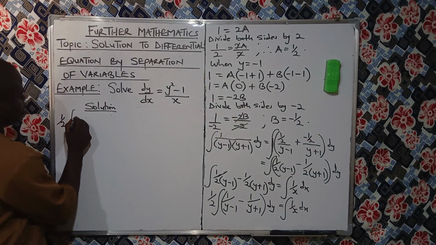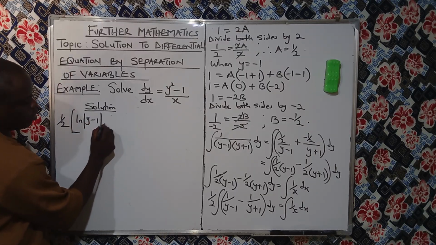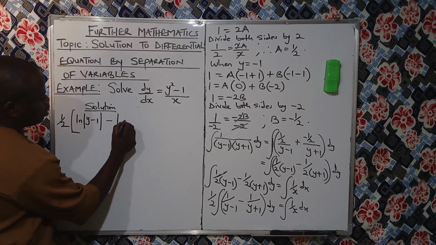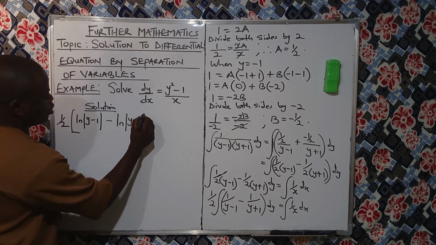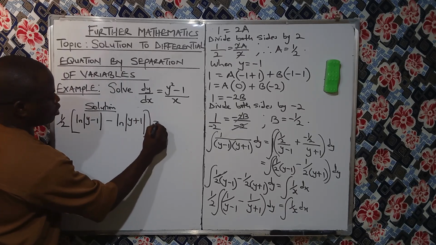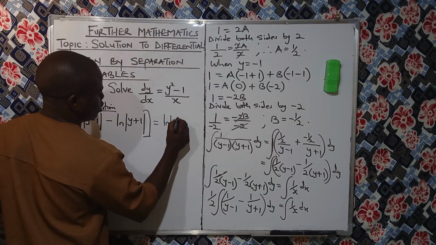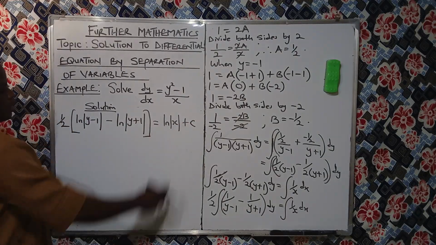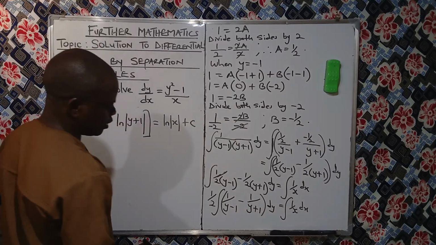Now say half into ln y minus 1 minus ln y plus 1, close the brackets, equals ln x plus c. Always add the constant to the right hand side.